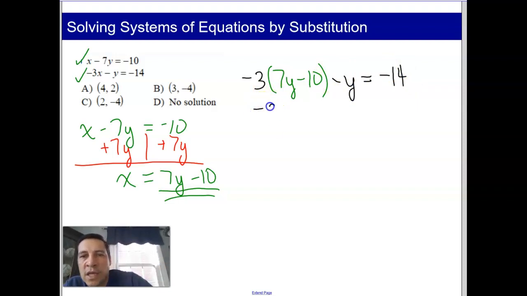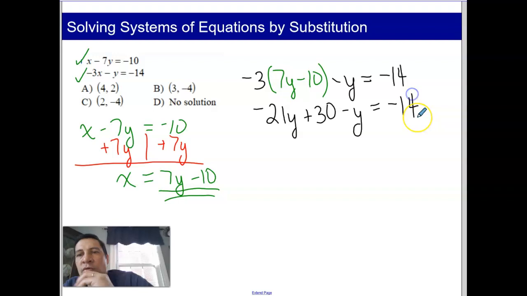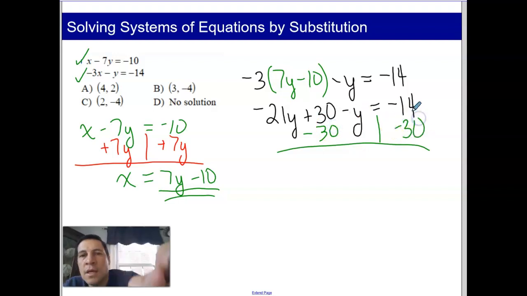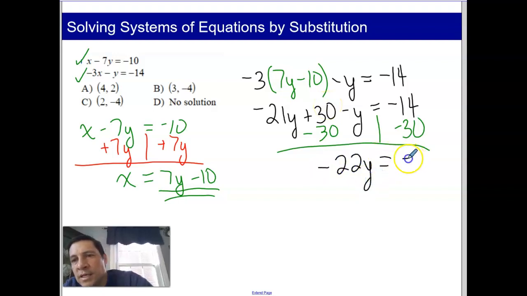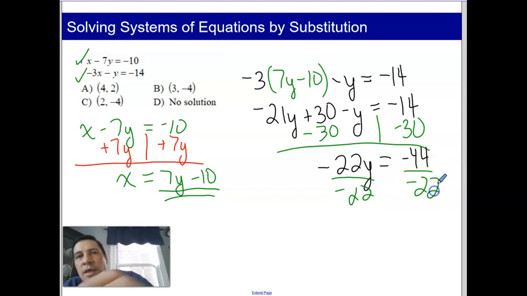So distribute: negative 21y plus 30 minus y equals negative 14. I'll subtract 30 on both sides, and I'm also going to combine my like terms and get negative 22y equals negative 44. Divide both sides by negative 22, and I find out that y is equal to 2.